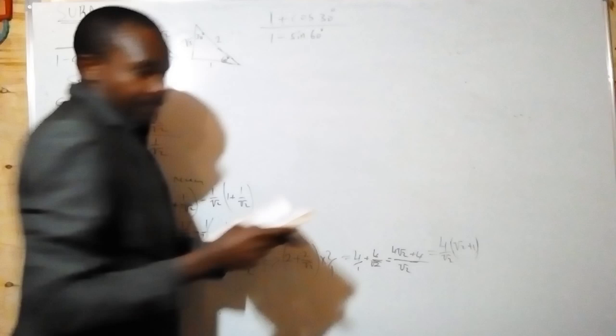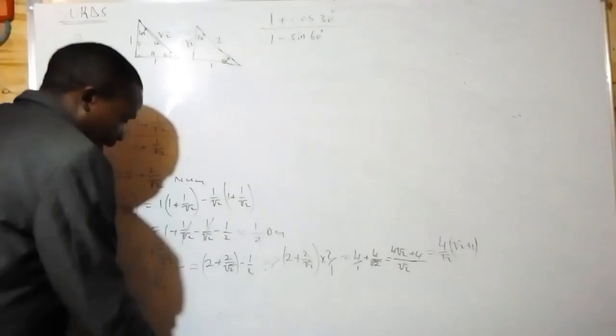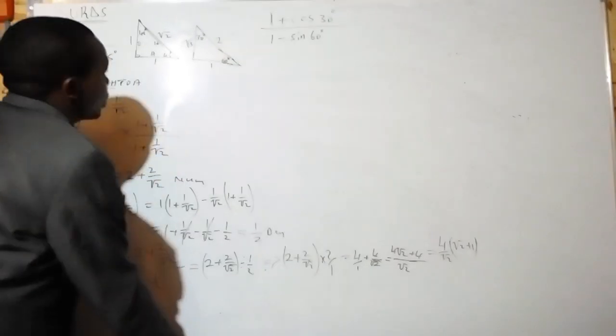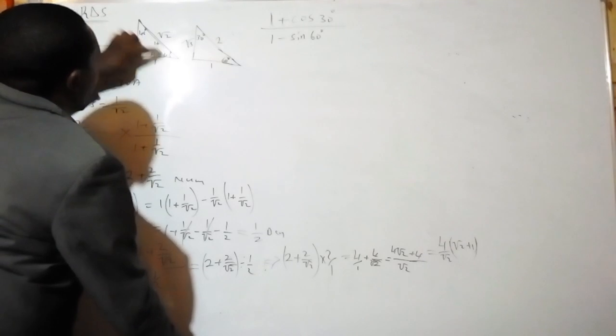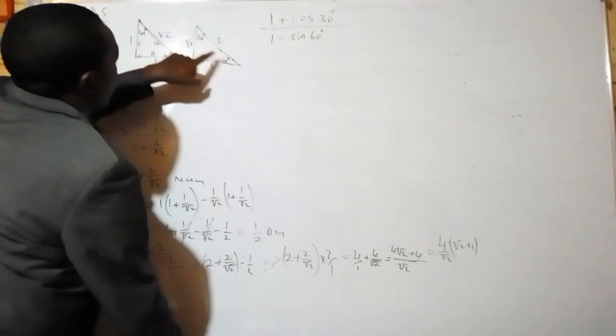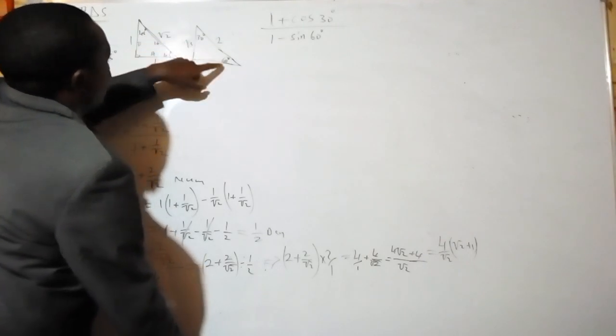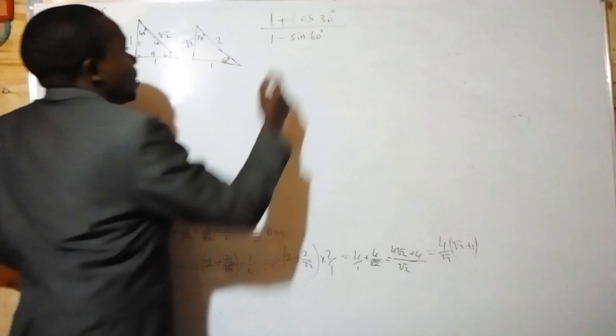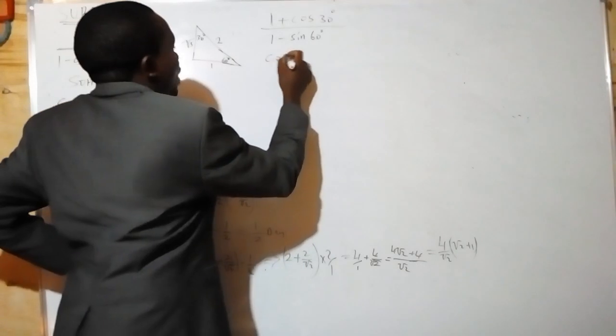As I have told you, we are using the two special triangles. Since we don't have 45, we are going to use the second, since we have 30 and 60. Good. Come and say cos 30 degrees.